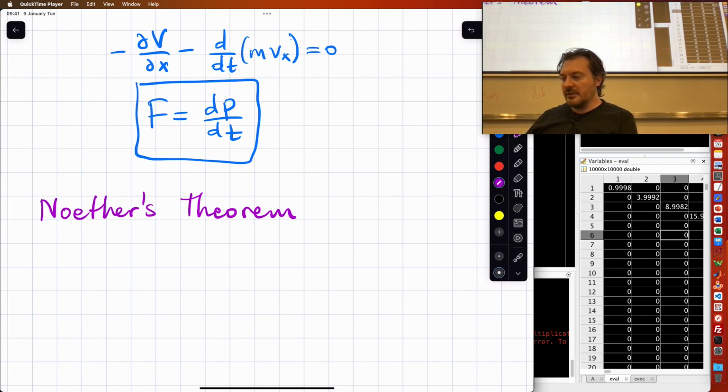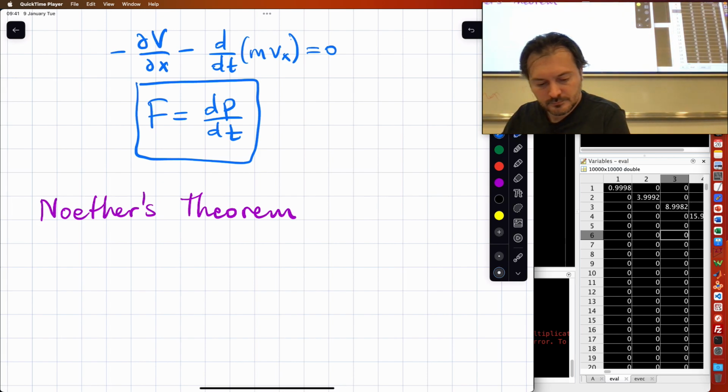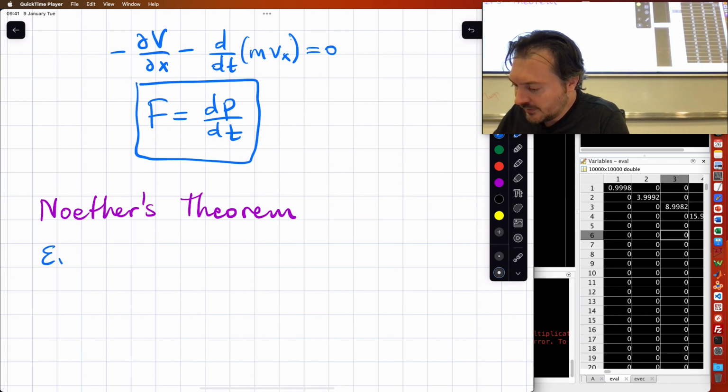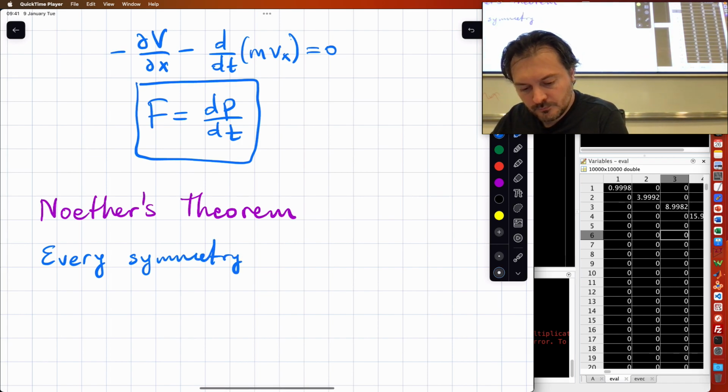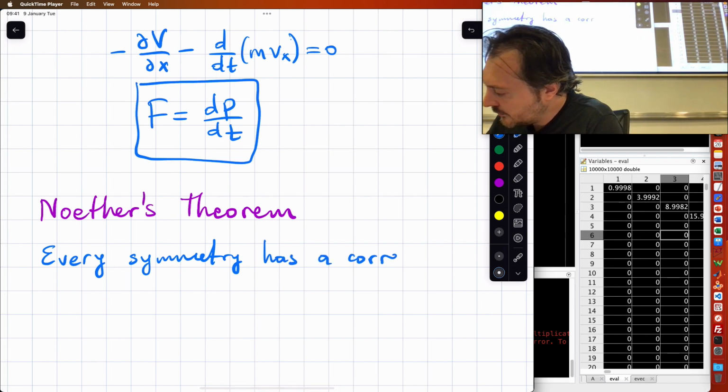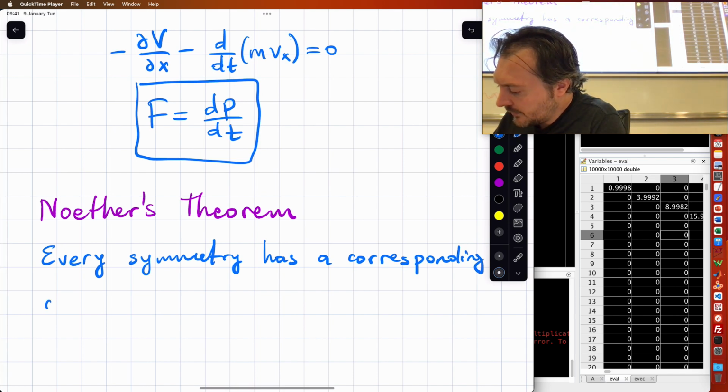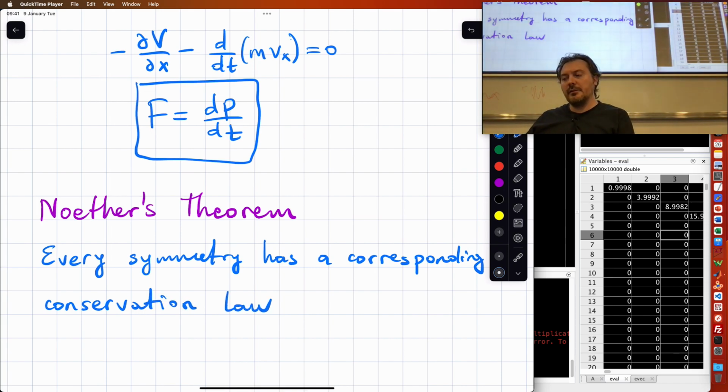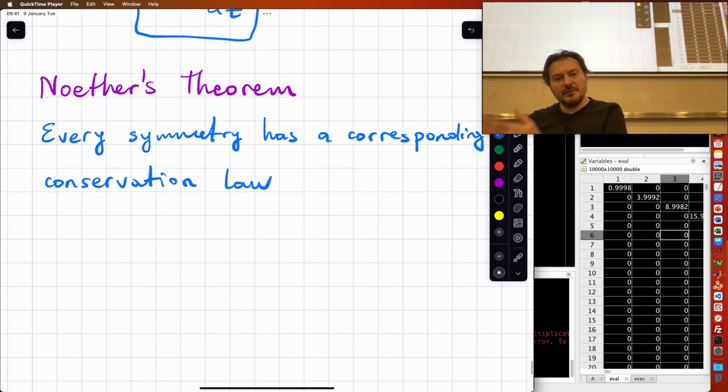Noether's theorem. She should have gotten the Nobel Prize for this. Every symmetry has a corresponding conservation law. Noether derived this theorem from the principle of least action.